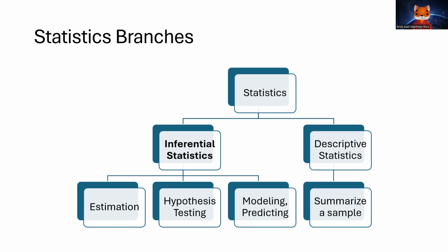And also, as I mentioned before, we can generate models that can help us to predict a certain outcome in the future. For example, when you train a neural network or logistic regression to make a classification between two groups, well, basically what you're doing is to perform this inferential statistical approach.